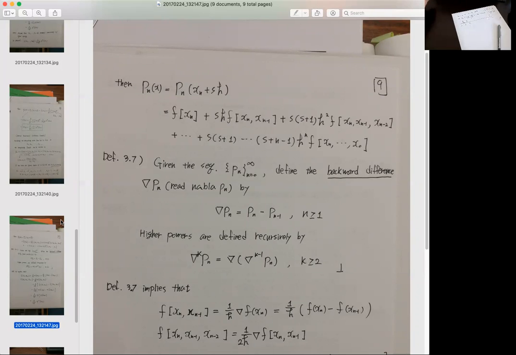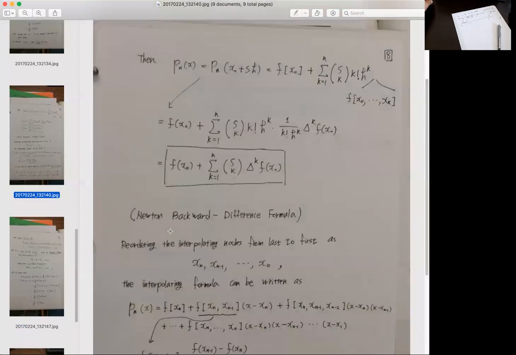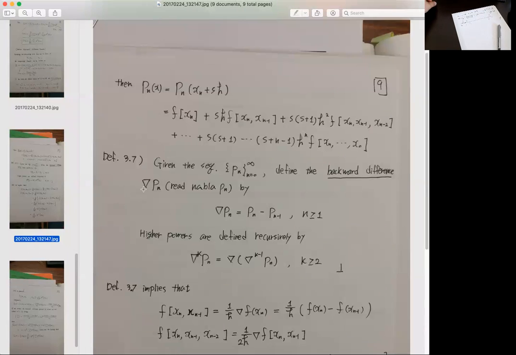I need to correct the name of that symbol. This symbol in the Newton's forward difference is delta, that's not nabla. I'm sorry, I made a mistake. This is the delta, and that is the nabla. We use nabla as the gradient in calculus, so I'm sorry for that. We're going to use nabla as the backward difference formula.